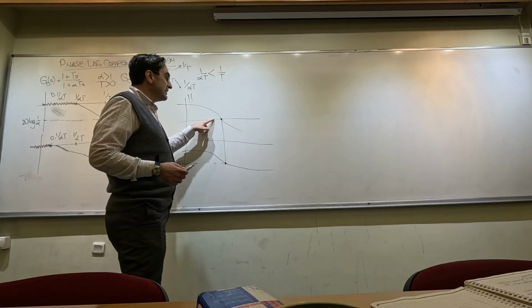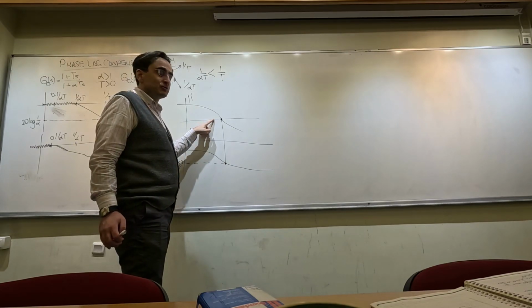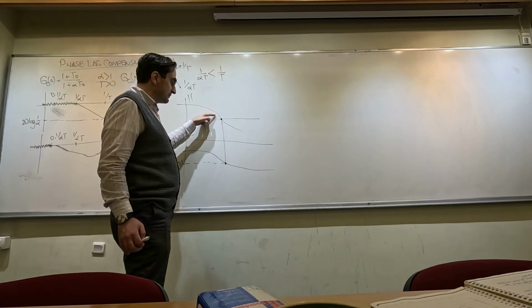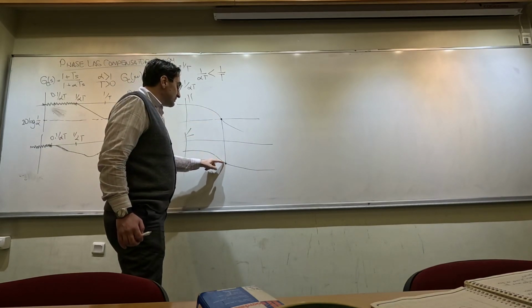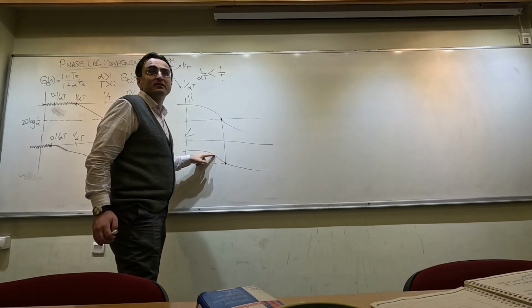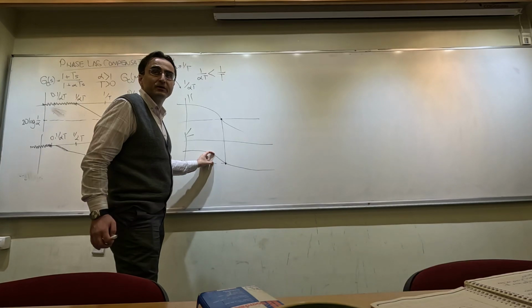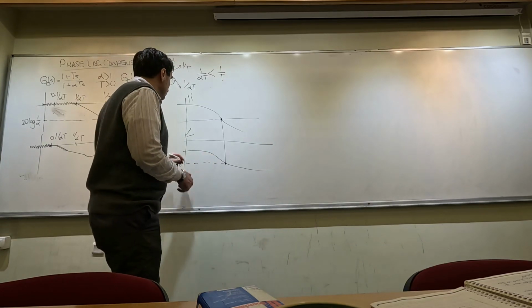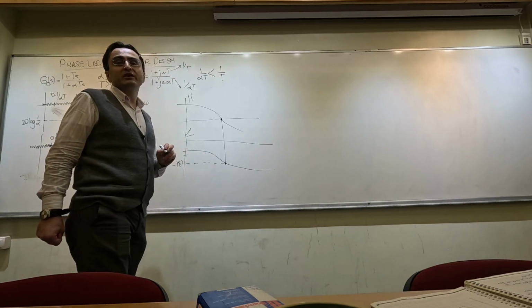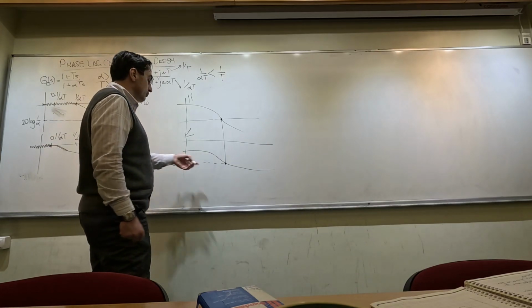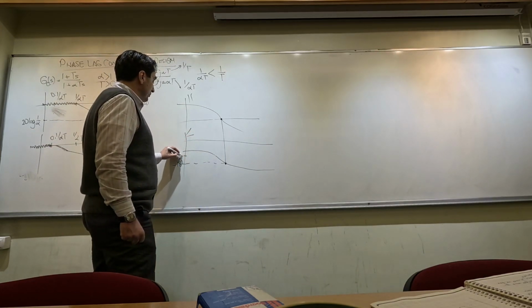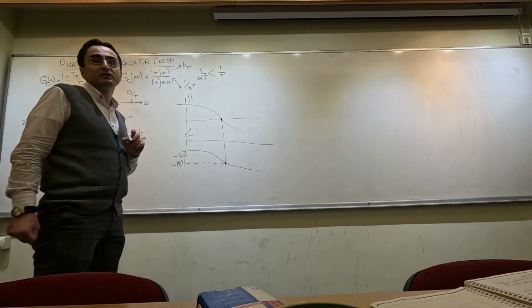When the gain crossover frequency of the system shifts to the left as I decrease the gain, the phase of the system would automatically increase. And this distance between minus 180 and the phase of the system at the gain crossover frequency is going to increase. So suppose that I would like to increase the phase margin to 30 degrees. So suppose that this is the point minus 150.